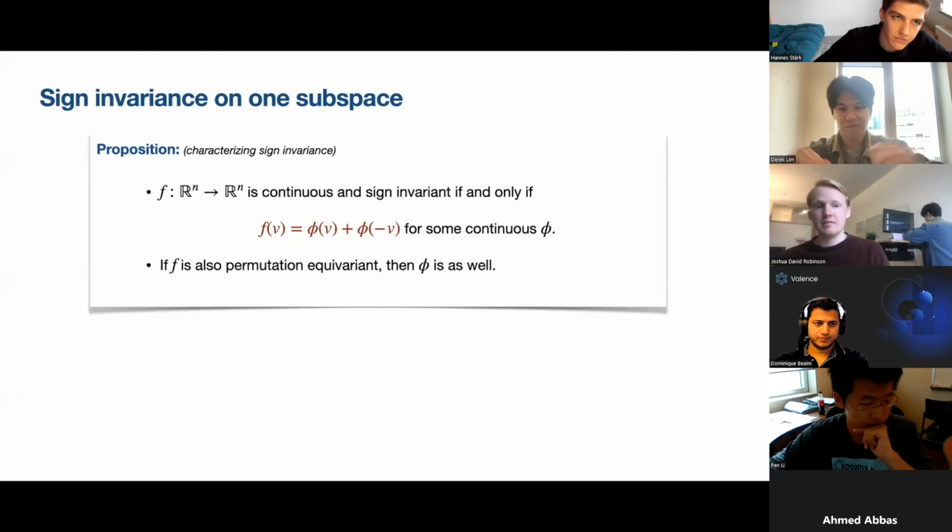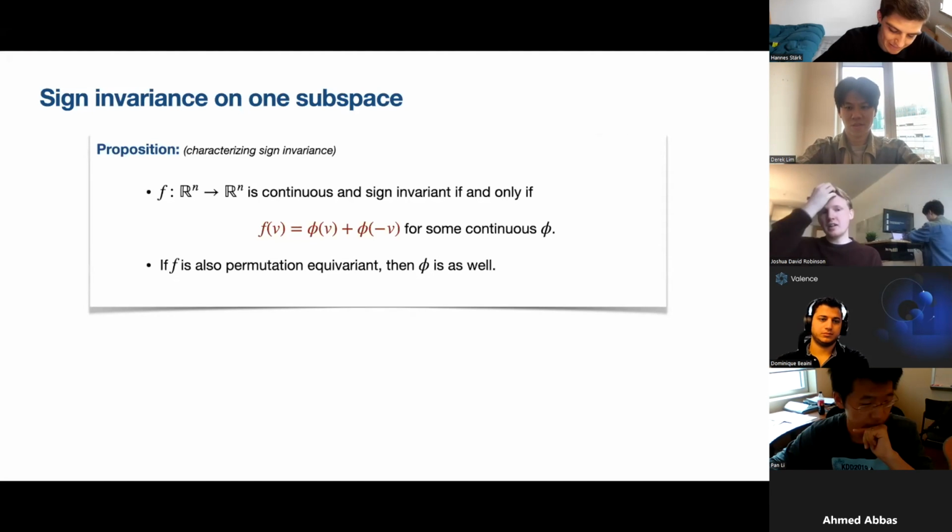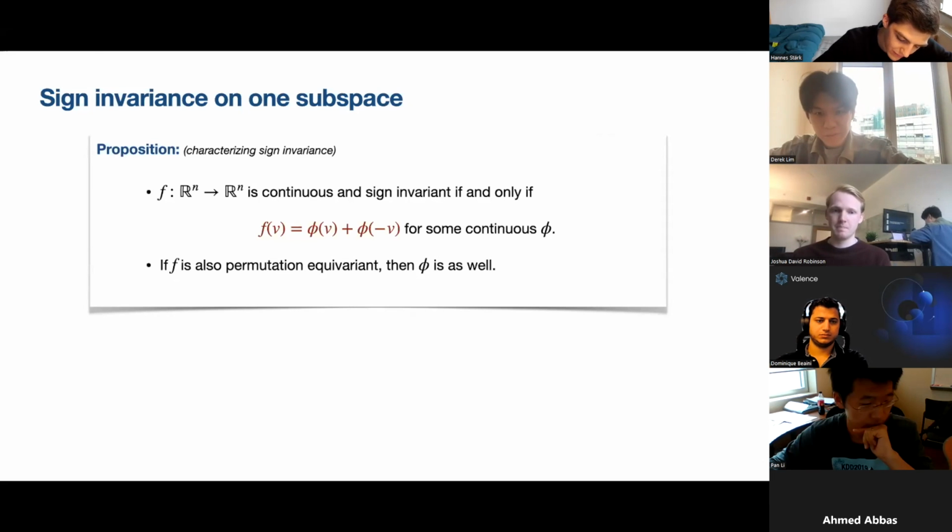First, sign invariance. Sign invariance can actually be quite easily characterized, as shown in the following proposition, which shows that any continuous function mapping from a vector to another vector is sign invariant if and only if it can be written as this symmetric sum, phi of v plus phi of minus v, for some continuous phi.